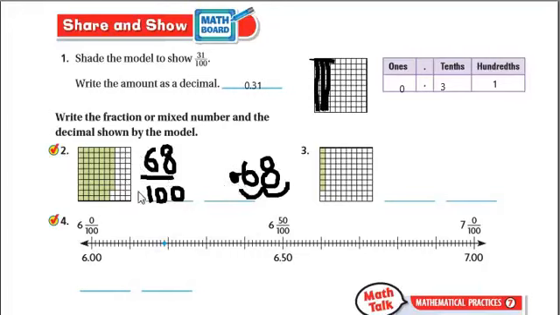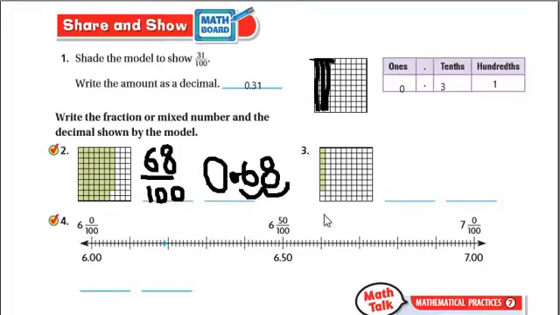Do we have any whole number here? No, so I'll put 0. So this is the decimal form, 68 hundredths. Why did I say hundredths at the end? Because the last place value here is hundredths. Okay. Let's solve number 3.